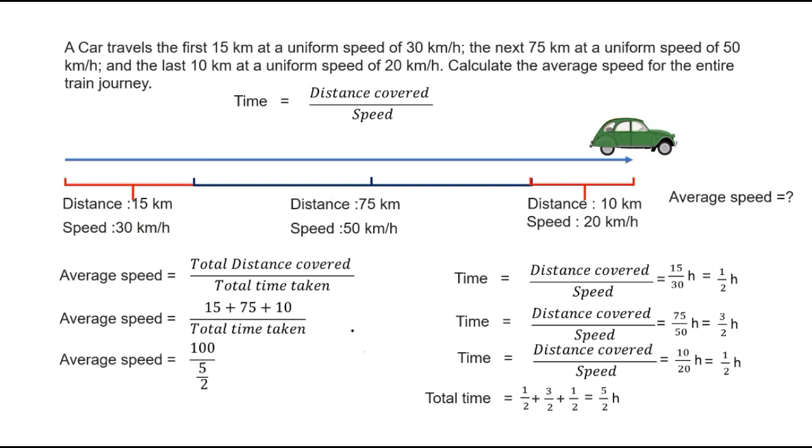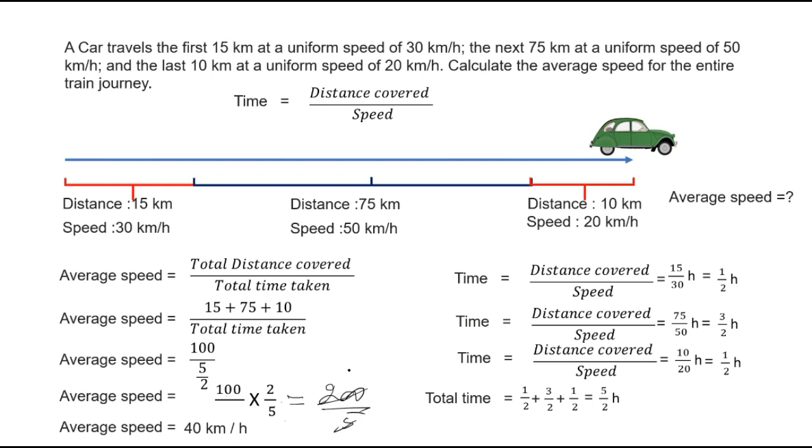Now remember that 100 divided by 5 by 2 hours becomes 100 into 2 by 5, simple mathematics. So that 2 will go here, and 100 into 2 by 5 is 200 by 5. 5 fours are 20, so it's 40. So the answer will be 40 kilometers per hour.